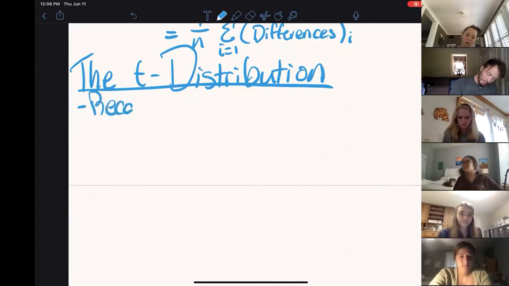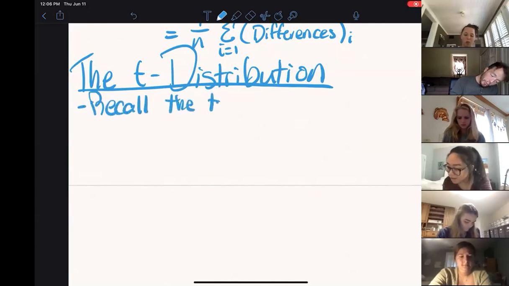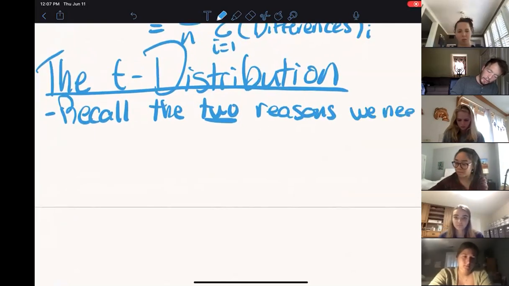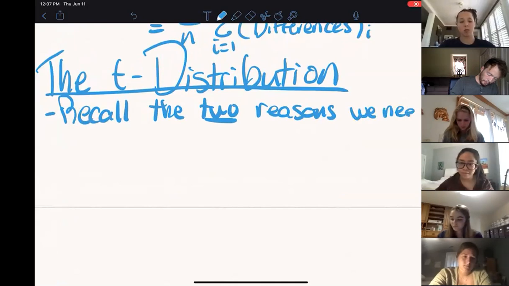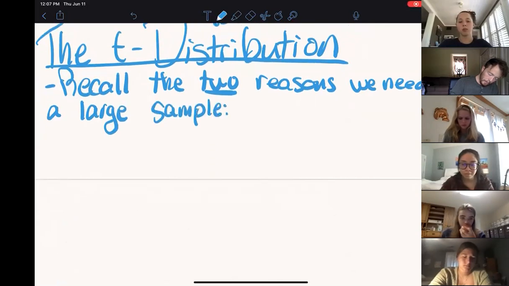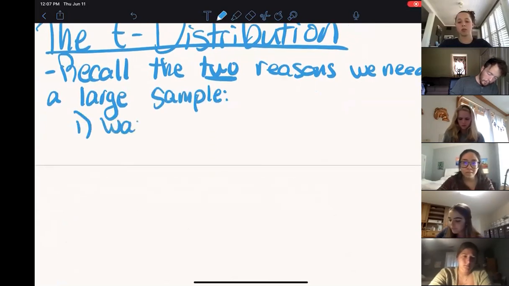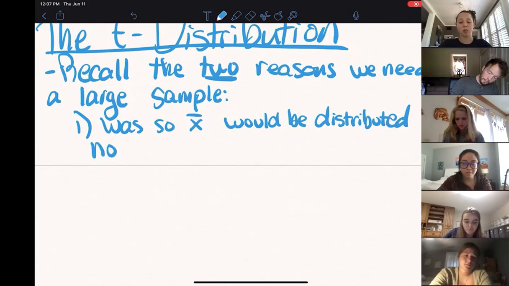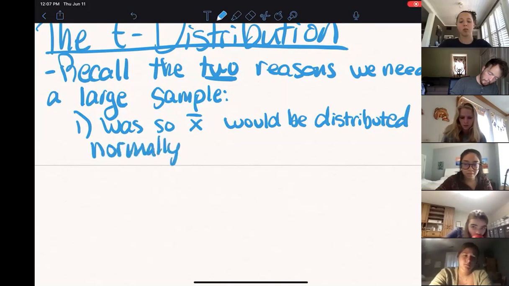So recall the two reasons we needed a large sample. The first was so x bar would be distributed normally by the central limit theorem.